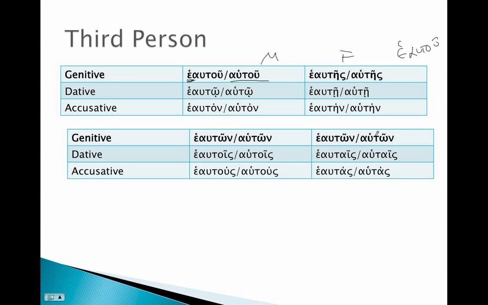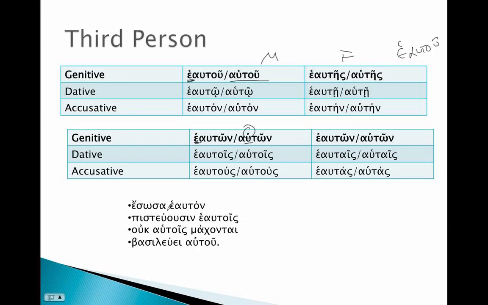In the plural, unlike the first and second persons, we can just use the plural form of autos and add our aspirated epsilon or just our aspirate. So be careful about this. There's very little difference between a reflexive pronoun and a non-reflexive pronoun, so watch that breathing mark. Very important.